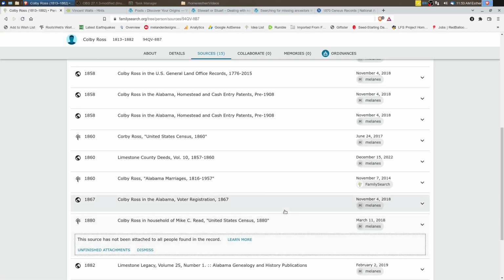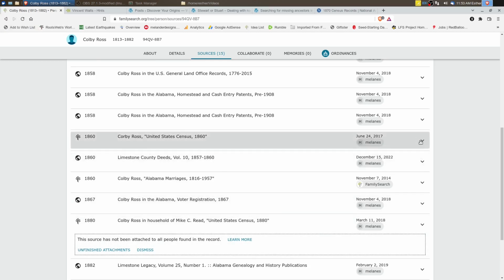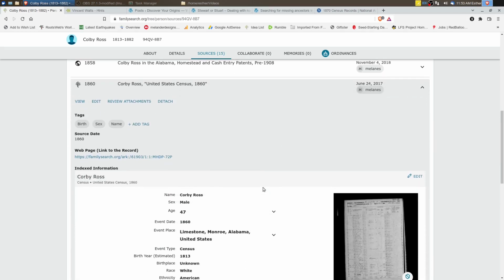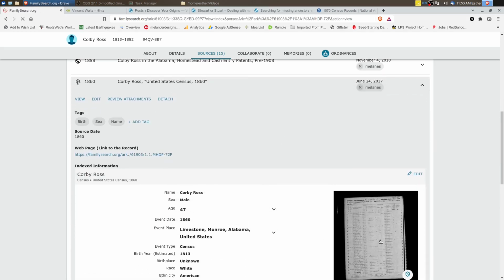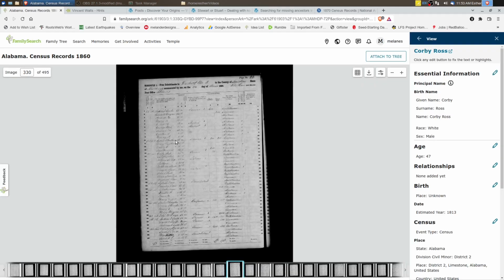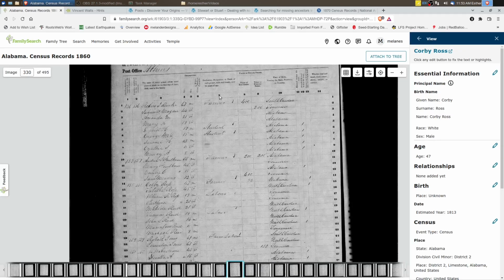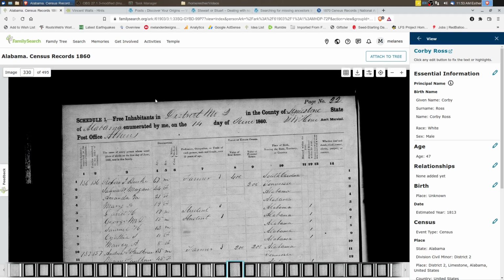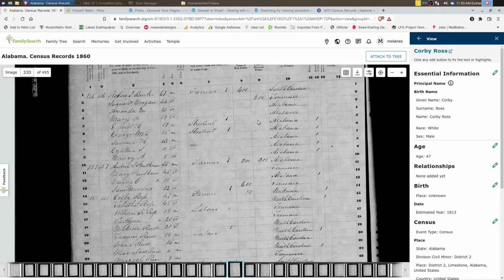Another research strategy is to look at the census before and after the one that you're trying to find your ancestor in. So let's look at the 1860 census. One of the things that is helpful when looking at the previous year is to look at the enumeration district and also look at the neighbors.